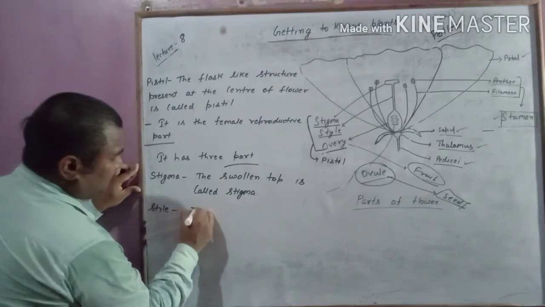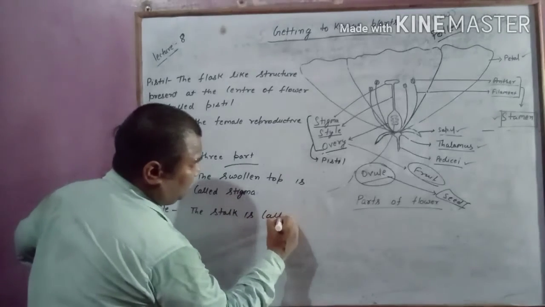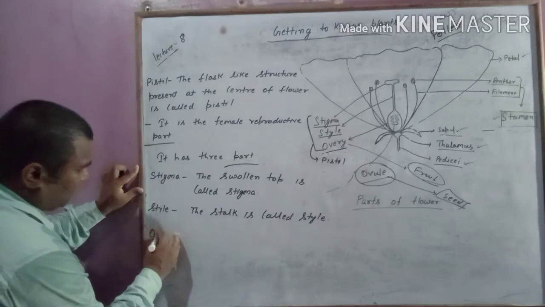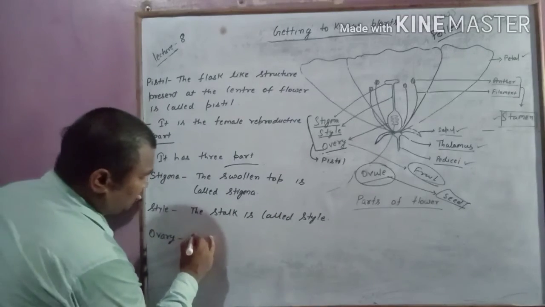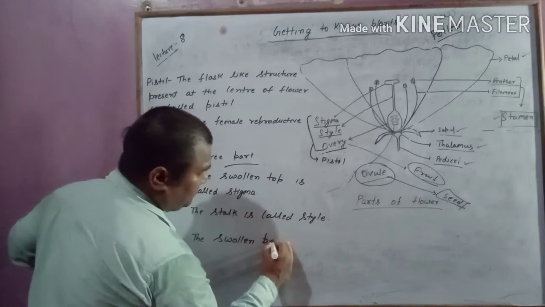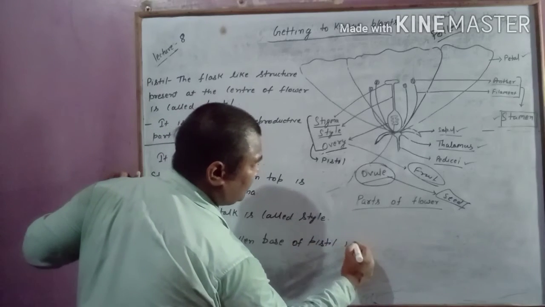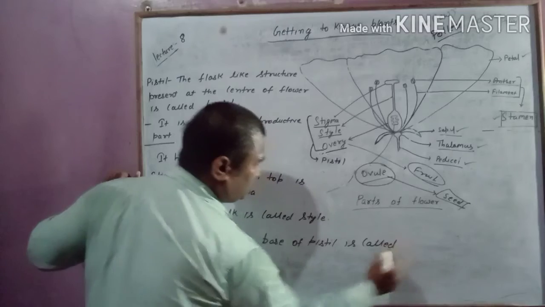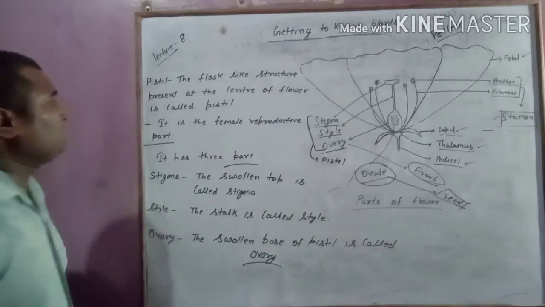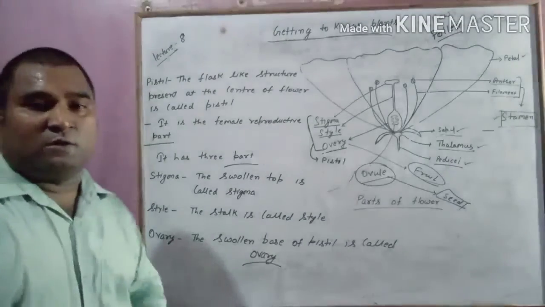Style, the stalk, is called style, and ovary, the swollen base of pistil, is called ovary. Okay, so pistil has three parts: stigma, style, and ovary.